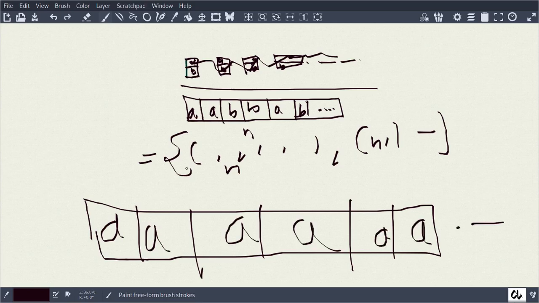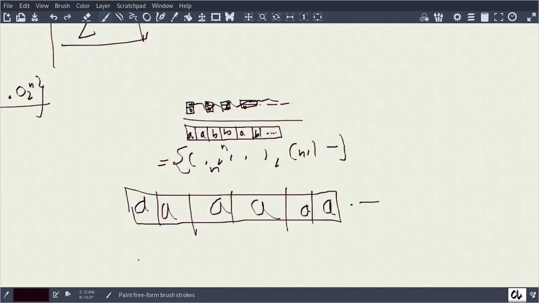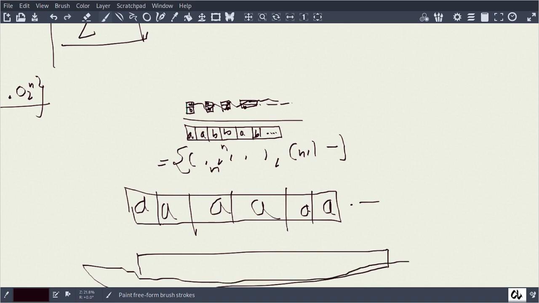Basically, everything is filled with a, and there are the same number of b's. Now we have b's in here.